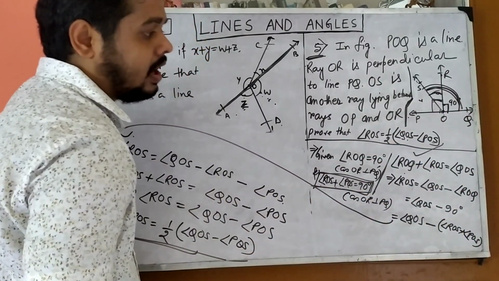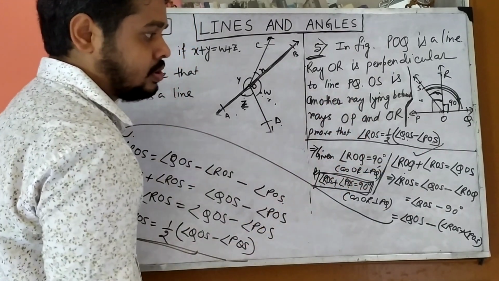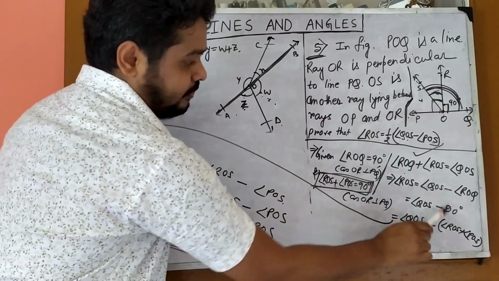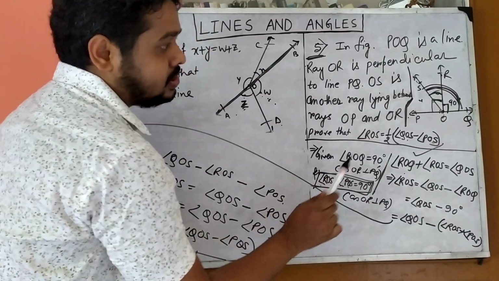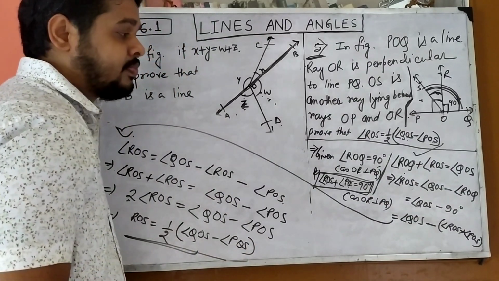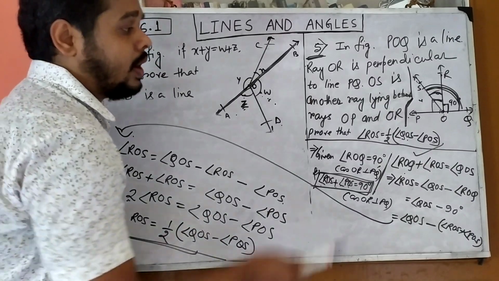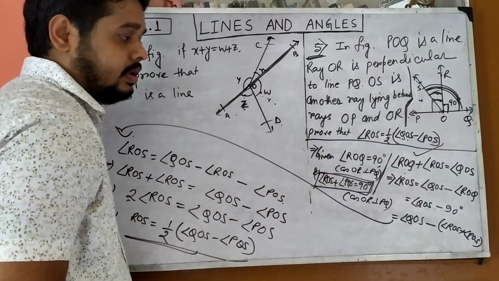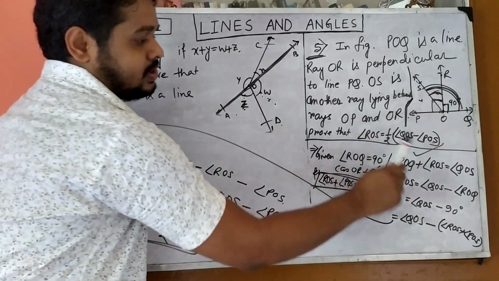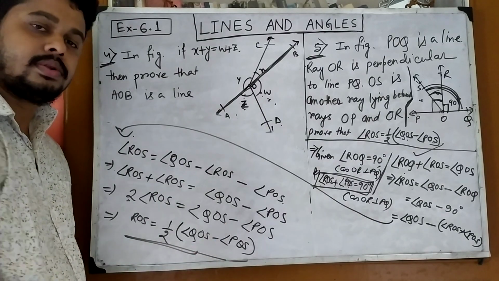Now we have to bring the angle POS also. So in place of 90 we are putting this relation, because we need the angle POS. Okay. So always keep in mind what our target is, what we have to prove. It depends upon the given condition. That's why we put it here, and after simplification it becomes this.